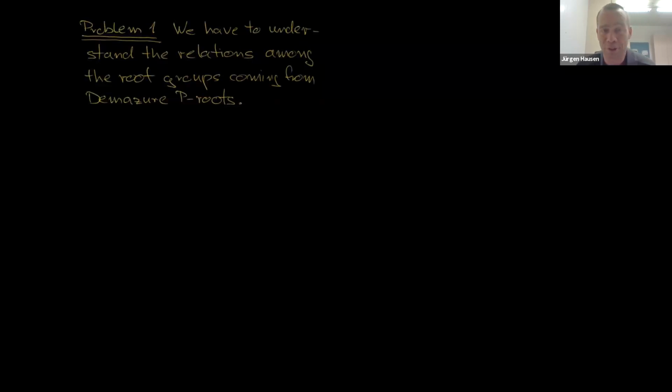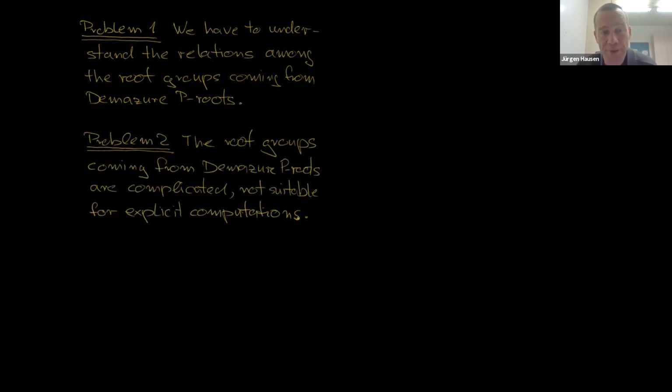So we have to understand relations among these root groups coming from Demazure P-roots. That's the first problem. Well, we just try to deal with them. And the second problem is that they look quite complicated. They appear not suitable for explicit computations. So it's not as straightforward as it could look.